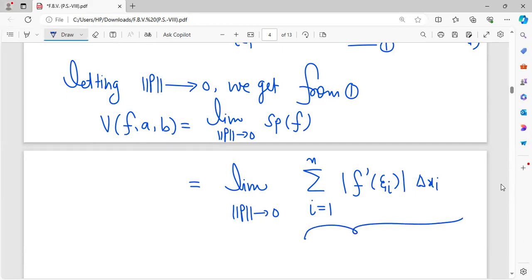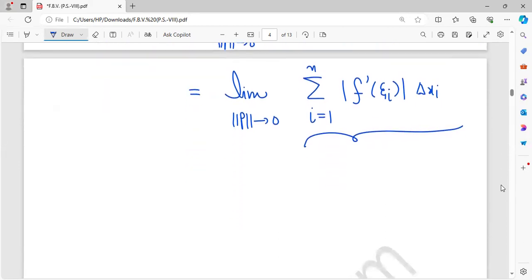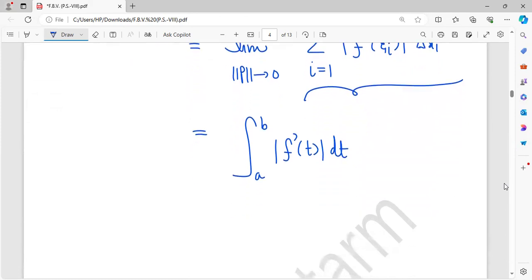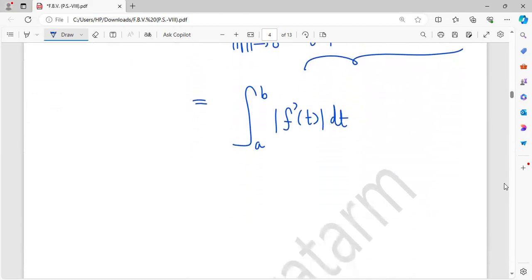So this is equal to the integral from a to b of the absolute value of f dash at t, dt. So we got V_f[a, b] equal to this.